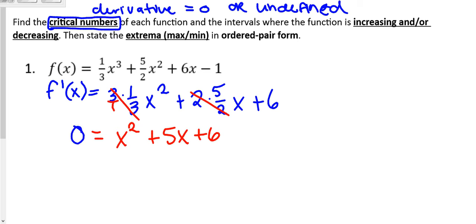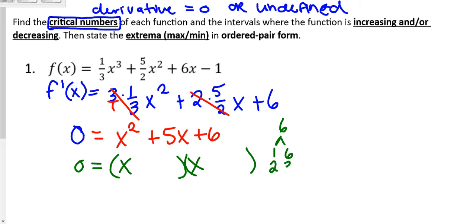To find those solutions, we need to factor. So we're going to have 2 binomials. We can split up the x squared to x and x. We need to find 2 numbers that can multiply to 6 and that will add to 5. So our options are 1 and 6, or 2 and 3.